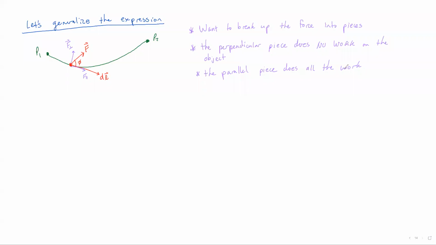So just summarizing what we did, we break it up into pieces, parallel and perpendicular to that particular location. And so the perpendicular piece does no work on the object. It's wasted. The parallel piece is the one that's doing all the work.